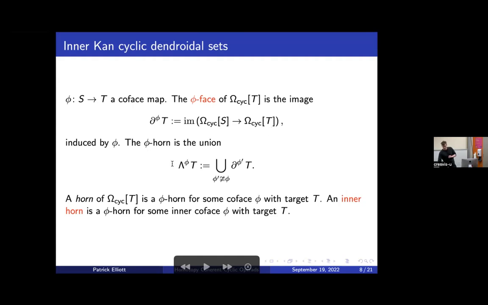And the horn, for a given coface map, is just the union over all other cofaces that aren't that one. Then we just say a horn if it's a horn for some coface map, and an inner horn if it's a horn for some inner coface map. This is just like horns in the context of simplicial sets, just maybe a little bit more difficult to draw and get a geometric intuition for.